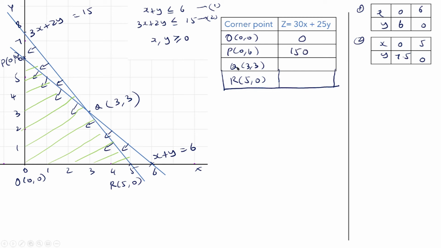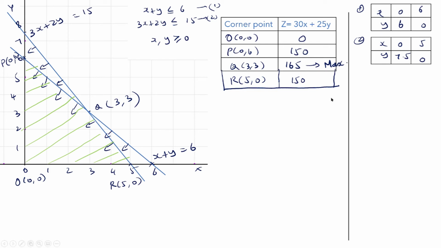And next we have Q. At Q (3, 3), when x is 3, y is 3, the value of z is 90 plus 75, it is 165. Then for R (5, 0), the value of z is again 150. So this is the maximum.